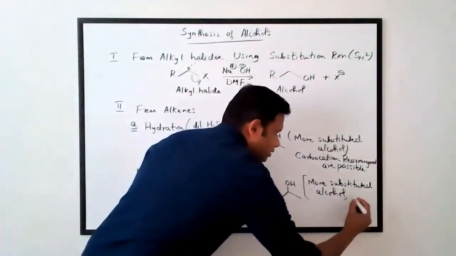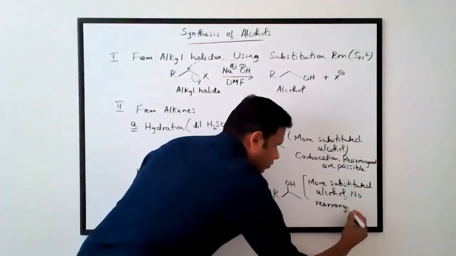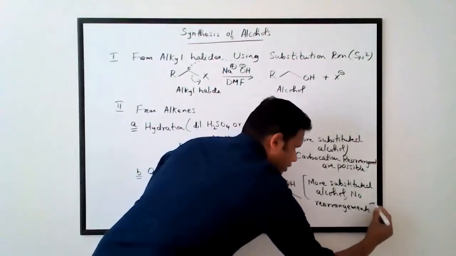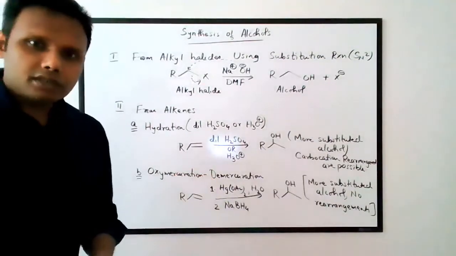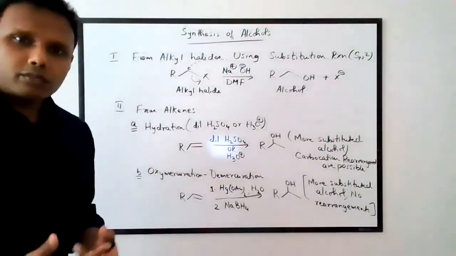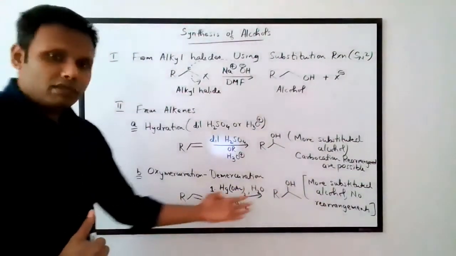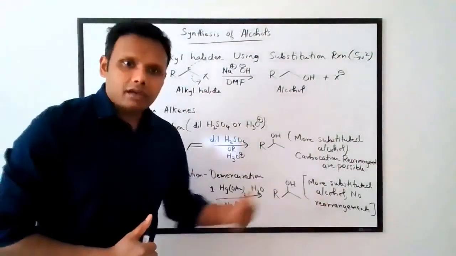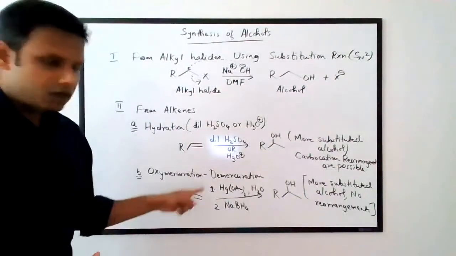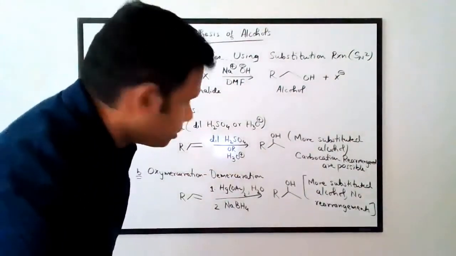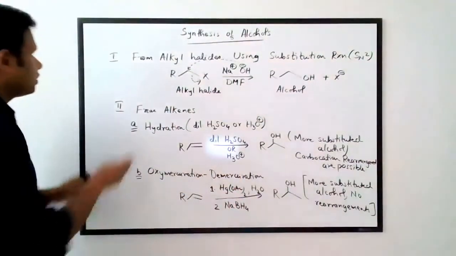The advantage here is no rearrangements, because the mechanism of this reaction does not involve a carbocation intermediate. So since we avoid a carbocation intermediate, we can make the more substituted alcohol without the possibility of rearrangements. Wherever the alkene is, the more substituted carbon would get the hydroxyl group. So those are two reactions that both give us the more substituted alcohol.